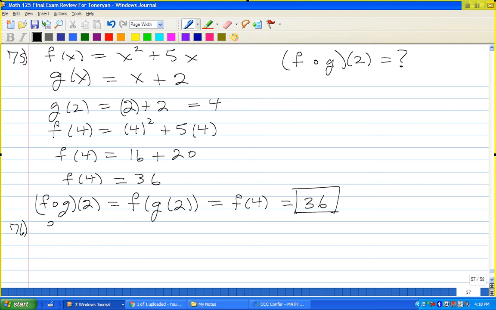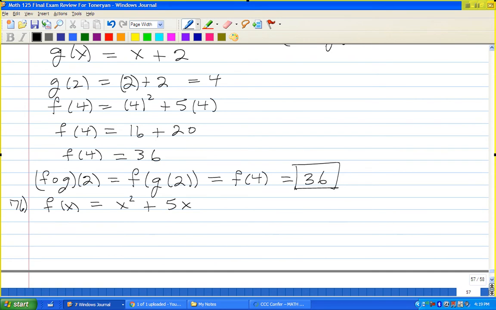F of x equals, well, it's the same thing. X squared plus 5x. G of x equals x plus 2. Compute g composed with f at 4.